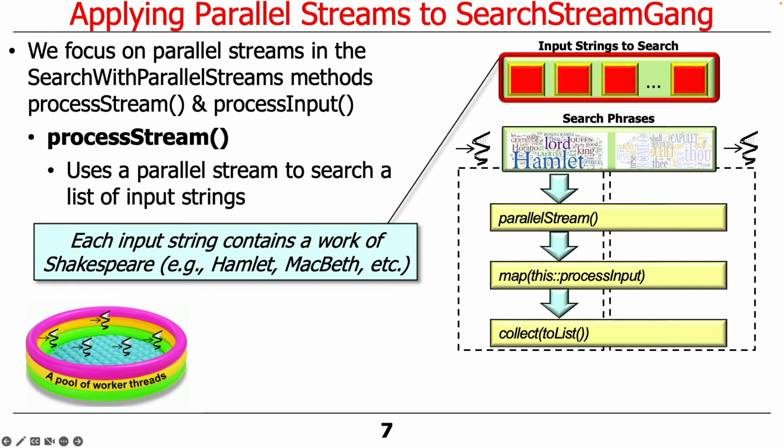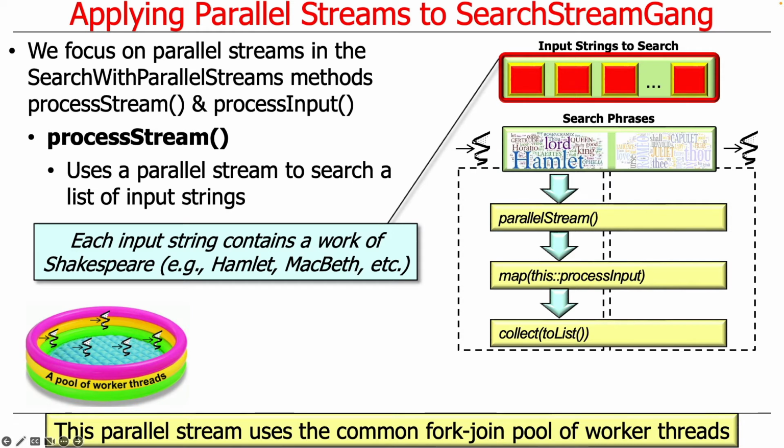So the first method we talk about here is called process stream. The framework invokes this method to make everything work in a consistent way, to make apples-to-apples comparisons legitimate. It uses a parallel stream to search a list of input strings where each input string contains a work of Shakespeare. So Hamlet, Macbeth, The Tempest, Merchant of Venice, name your favorite Shakespeare stuff, it's all in there.